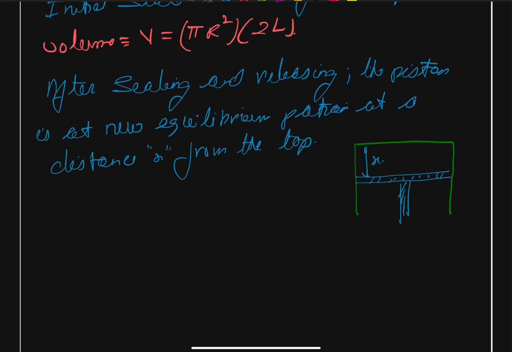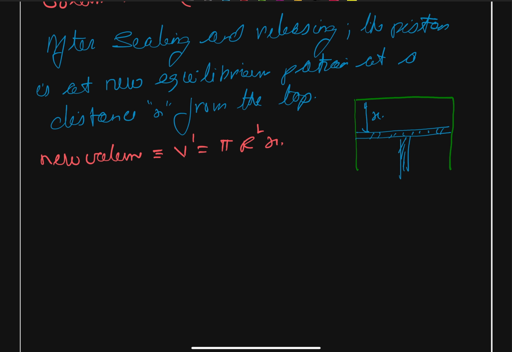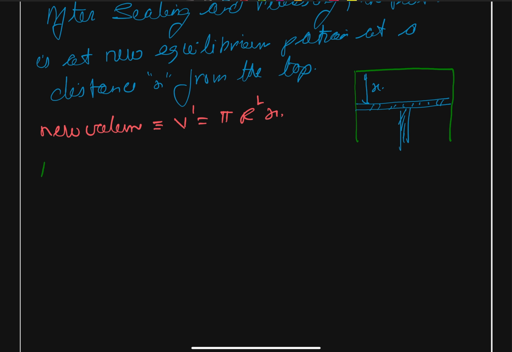Therefore, we can write that the new volume V prime will be equal to pi r square times x, and we know that it is basically an isothermal process because it is sealed now, so for an isothermal process we can write PV is equal to P prime V prime.